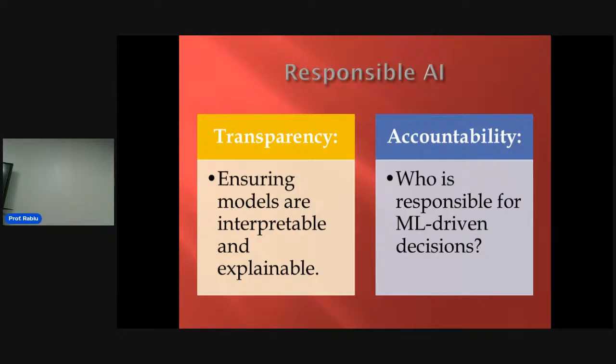Does it make sense? Yes, it makes sense. I have to be transparent to the users, but I don't know who is who. This is a problem. But anyway, we have to be transparent, and we have to be accountable also. If we leave it out, it goes to the wrong hands.